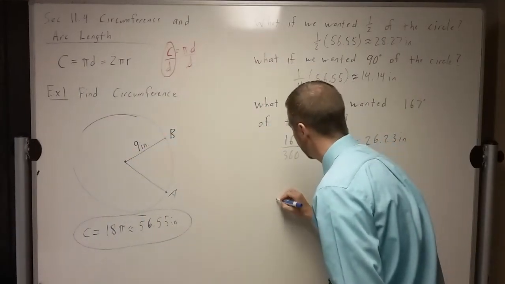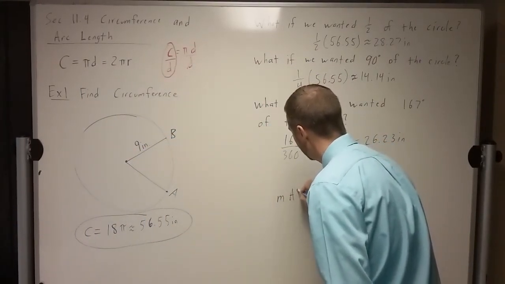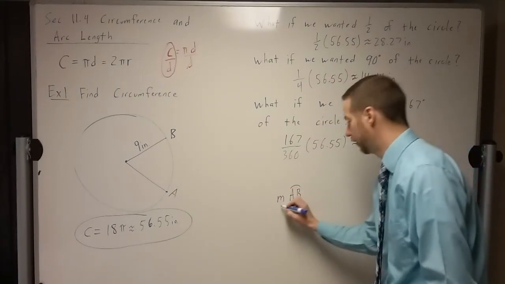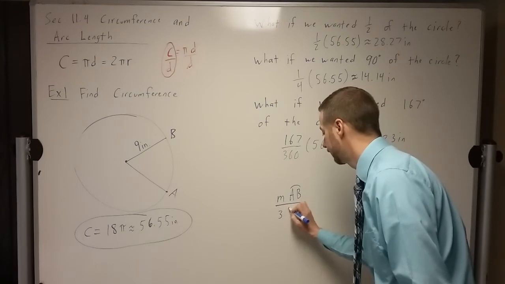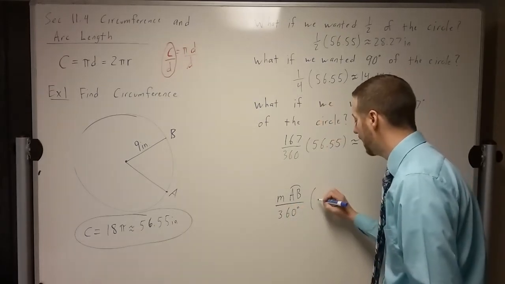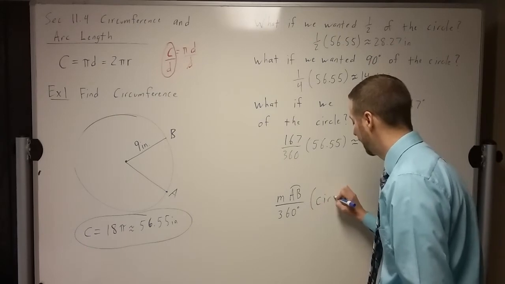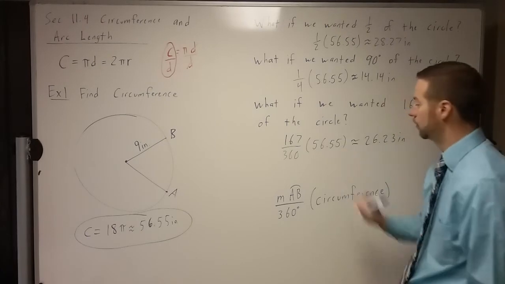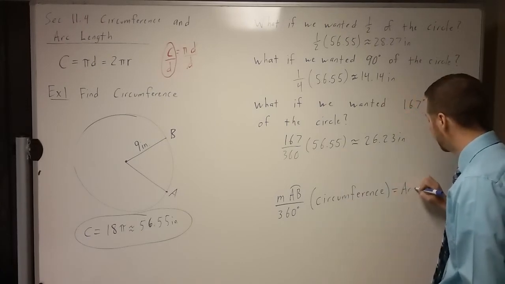So here's what we're going to do. We're going to find the measure of the arc, not the length of the arc. This is going to be a degree measure out of the whole circle. The whole circle is 360 degrees, and we're going to multiply that by the circumference. And that's exactly what we just did in that problem above. That'll give us the arc length.